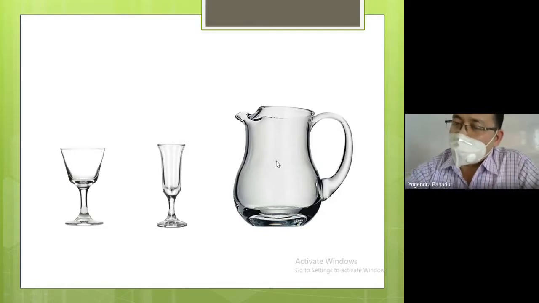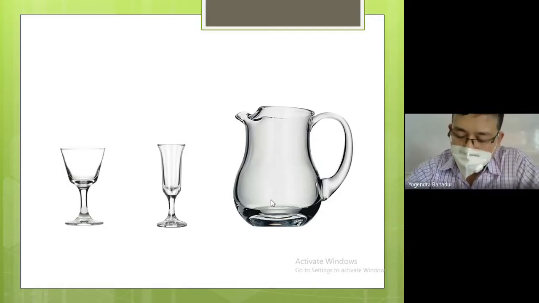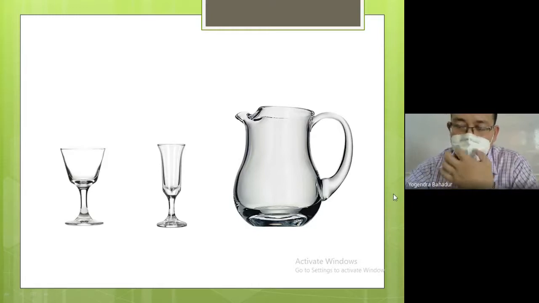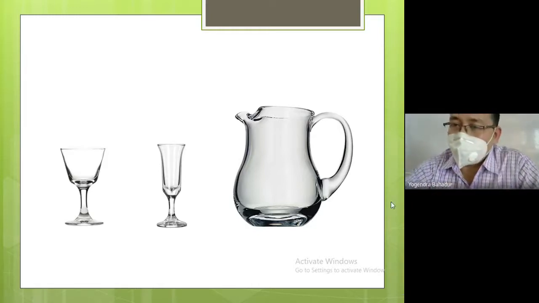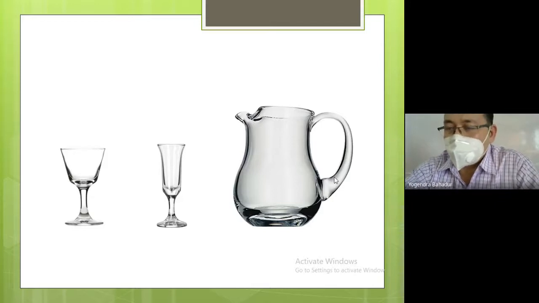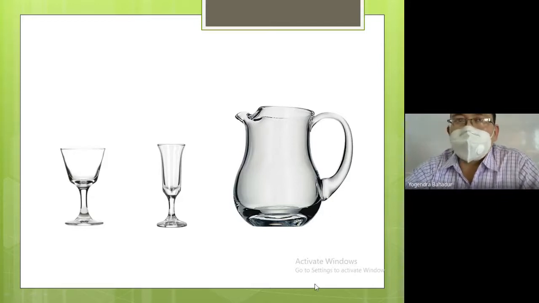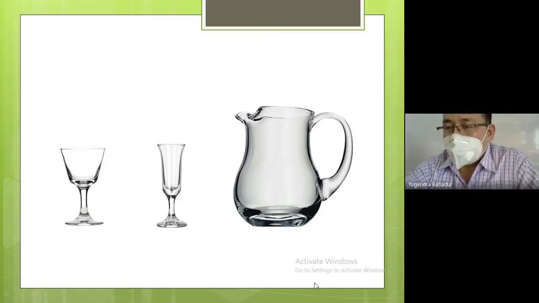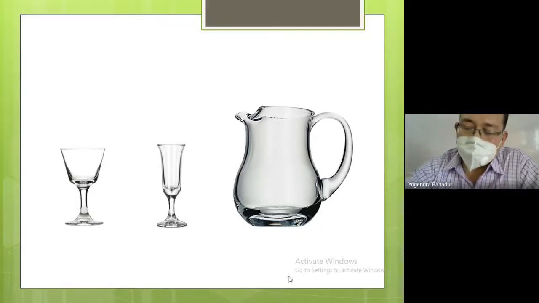I'm not talking about bottled beer here. As far as its quantity is concerned, it varies, but generally the beer pitcher has a quantity starting from 3 liter onwards.